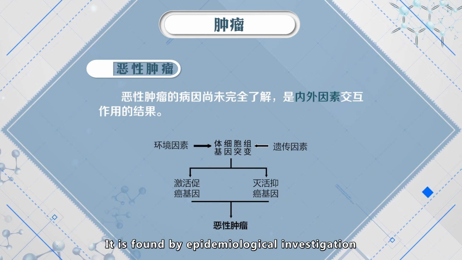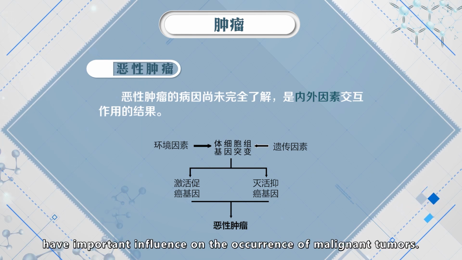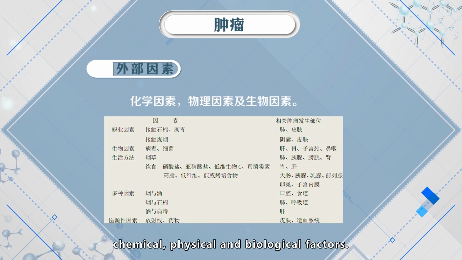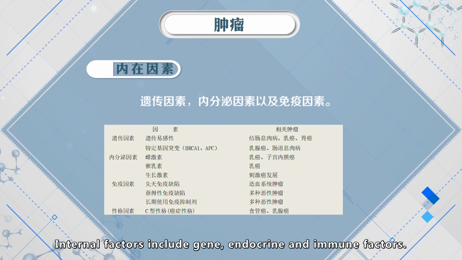It is found by epidemiological investigation and clinical observation that environment and behavior have important influence on the occurrence of malignant tumors. External factors include chemical, physical, and biological factors. Internal factors include gene, endocrine, and immune factors.